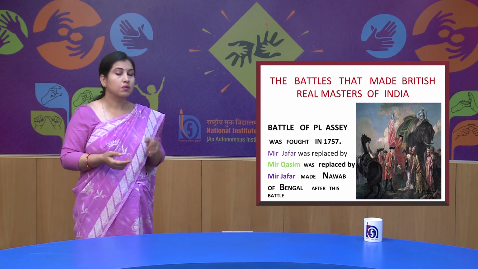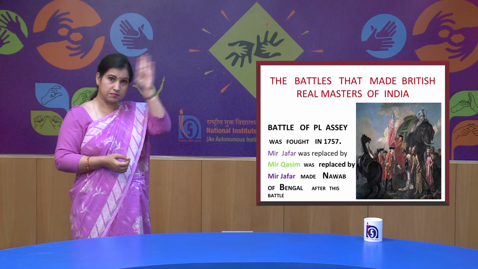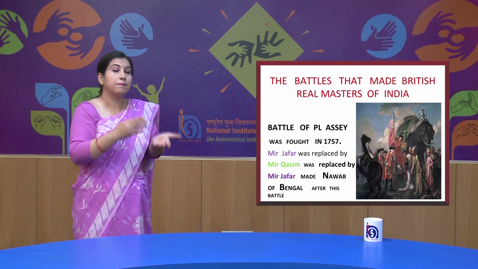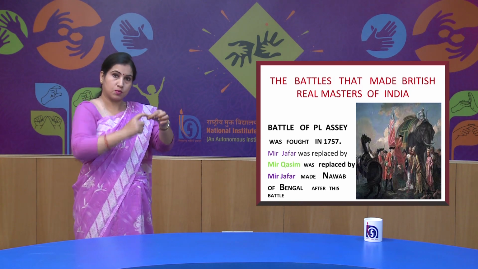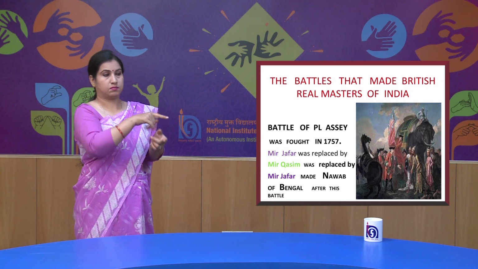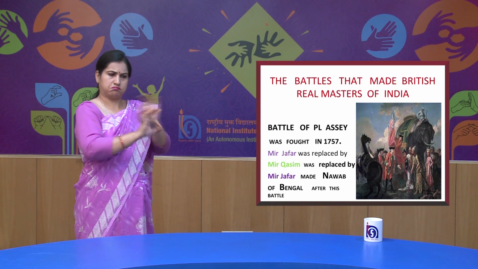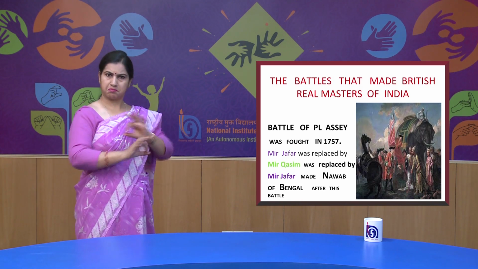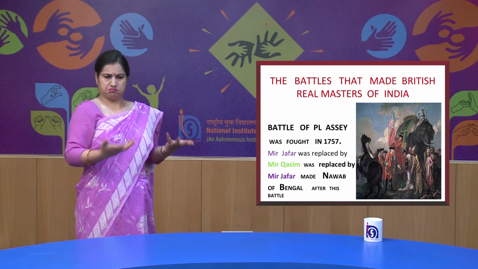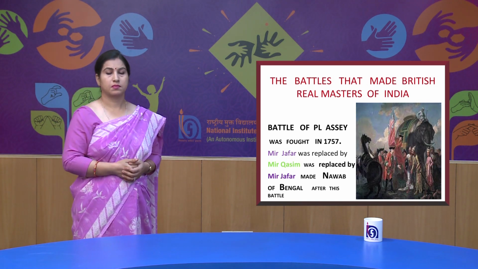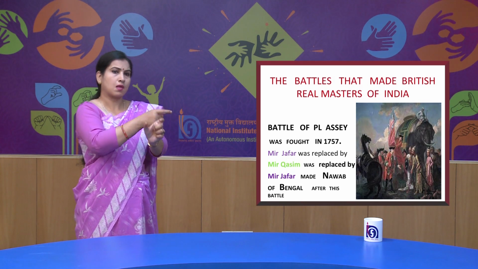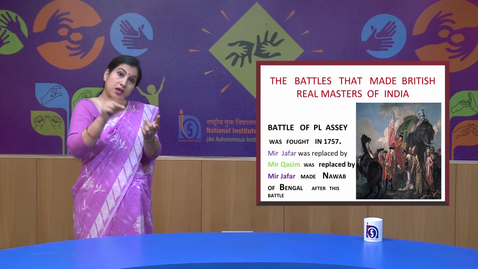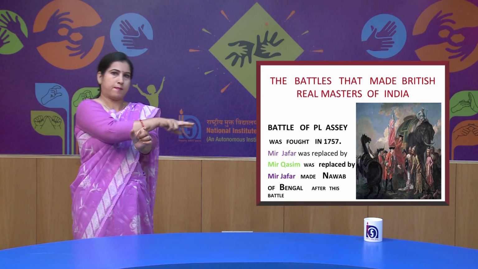So, he was replaced by Mir Qasim. The new Nawab was not ready to fulfill the unnecessary demands of the English. Therefore, he was removed and Mir Jafar was once again made the Nawab.